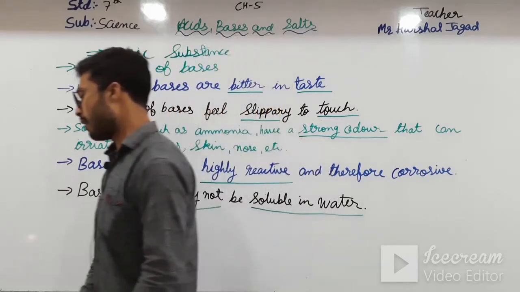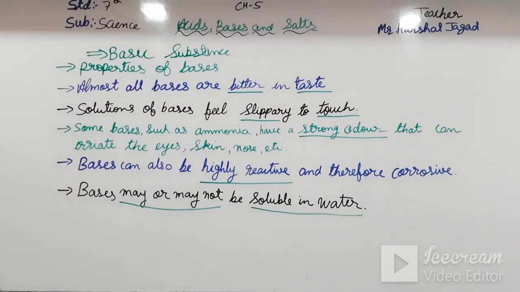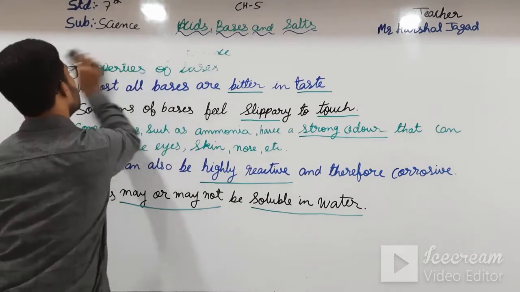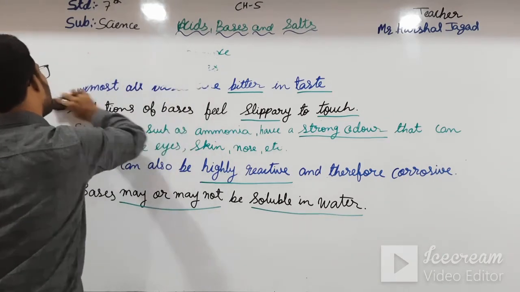Okay students, now please write down your homework. In the next lecture we will see indicators: chemical indicator, natural indicator, universal indicator, all these things. Now please write down your homework.